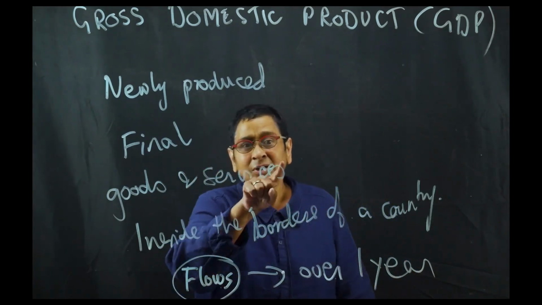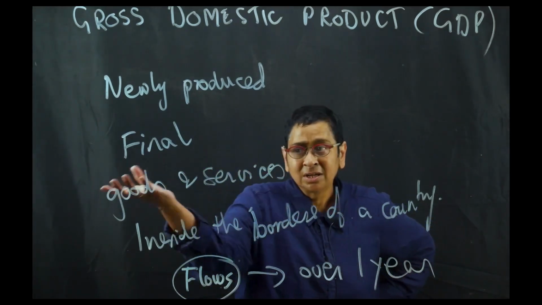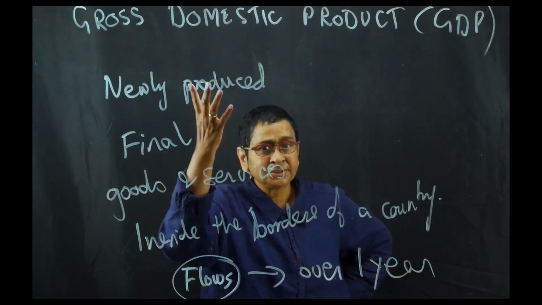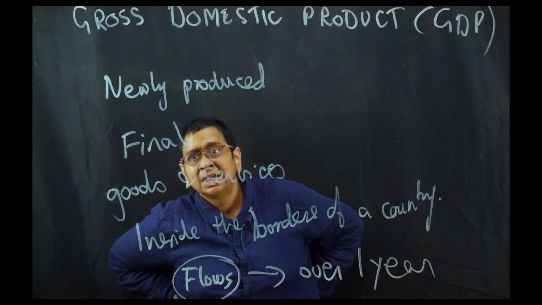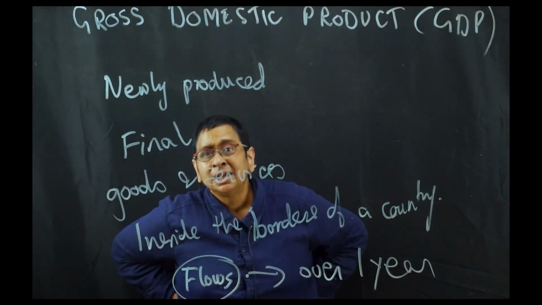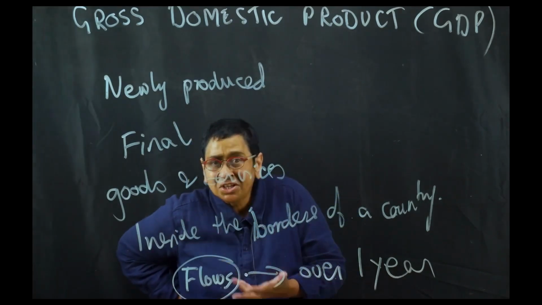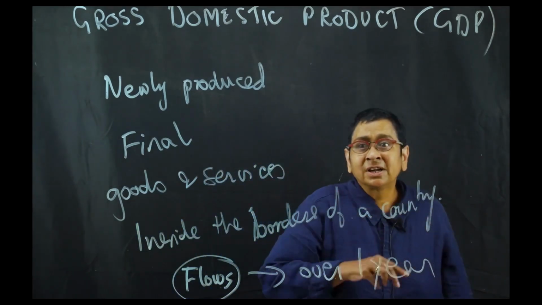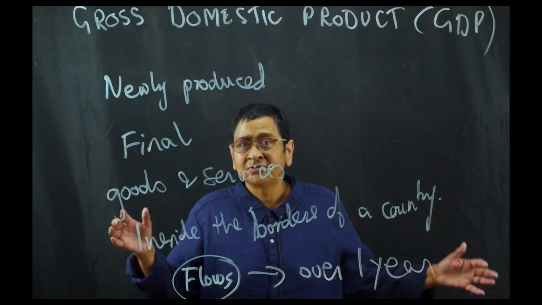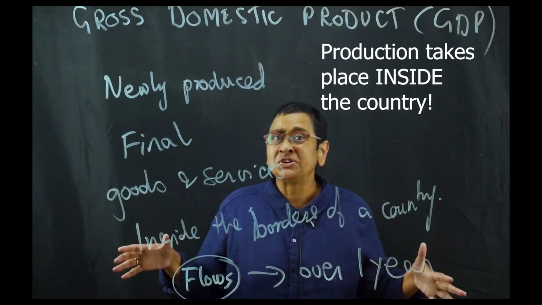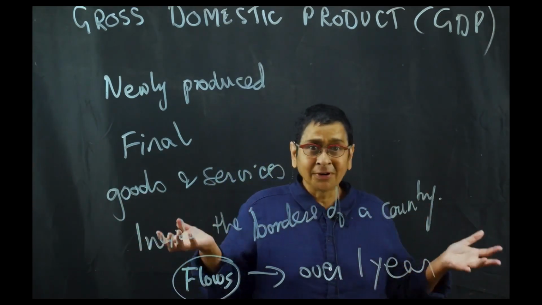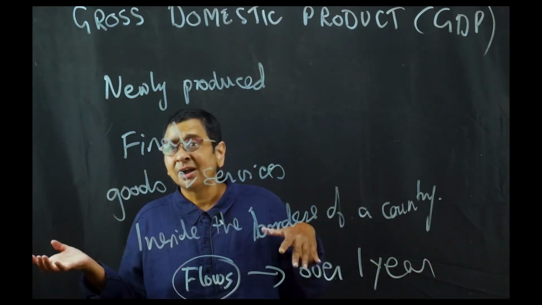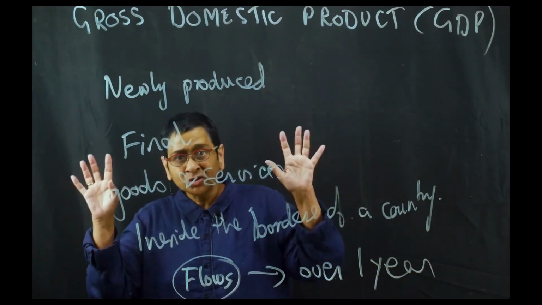Right? Goods and services, because I can use my resources to produce physical goods, but things like medical services, education, teaching, where I'm using my resources are also part of your production inside the borders of the country. What I'm focused on is if the production takes place inside the country. So for example, if there's a foreign corporation that's got a subcontract and they're producing cars here, it counts for us.